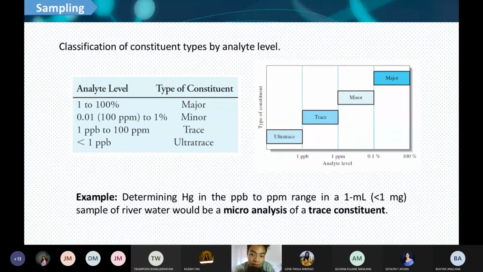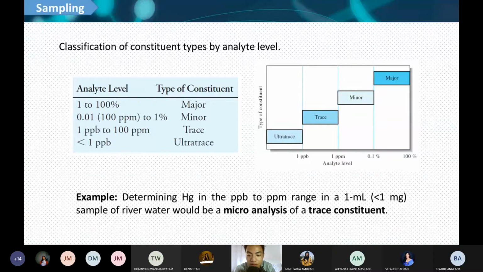So when your analyte concentration is around 1 to 100% of your sample, then the type of analysis that has to be done must be the major analysis or the major constituent analysis. Why major? Because it is the predominant substance in your sample. So that's a major analysis or major constituent analysis.